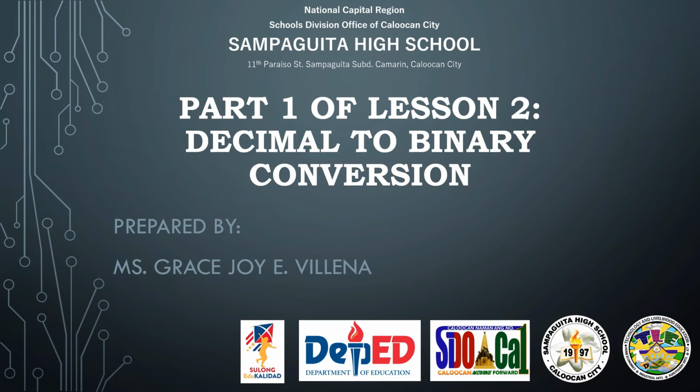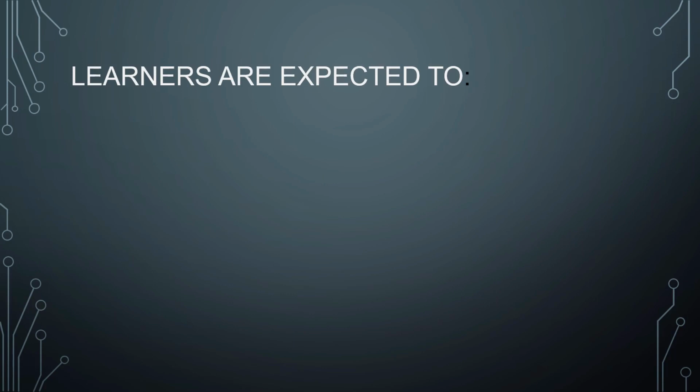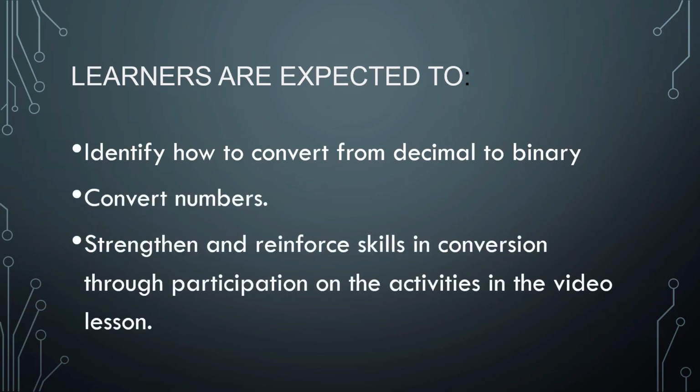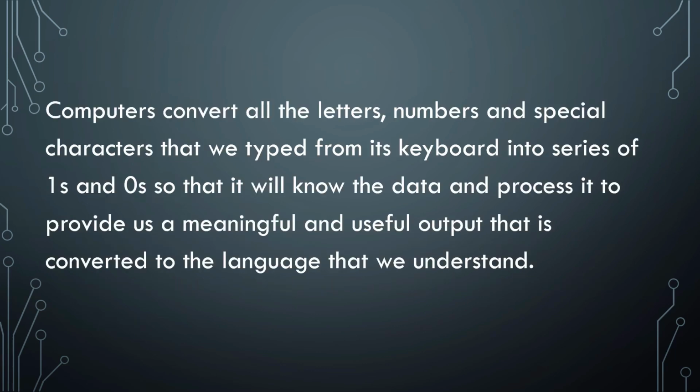For this video, we are going to discuss part 1 of lesson 2, decimal to binary conversion. Learners are expected to identify how to convert from decimal to binary, convert numbers, and strengthen and reinforce skills in conversion through participation and activities in the video lesson.